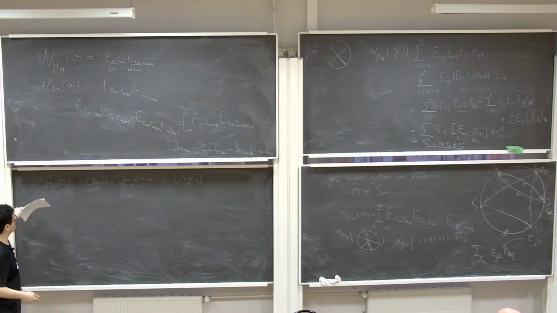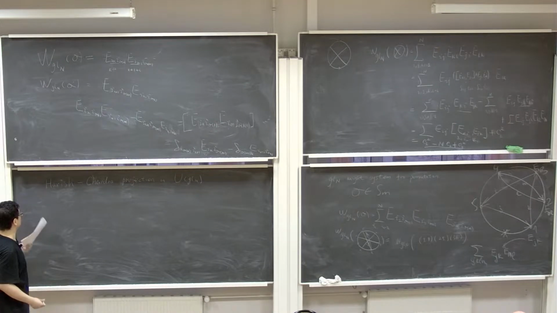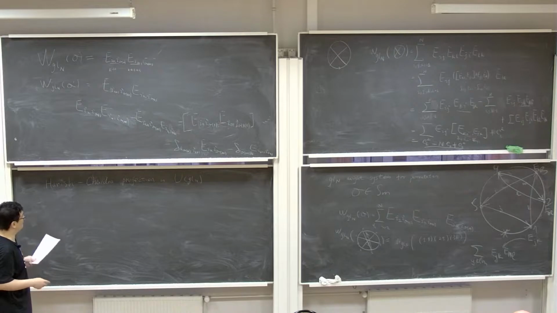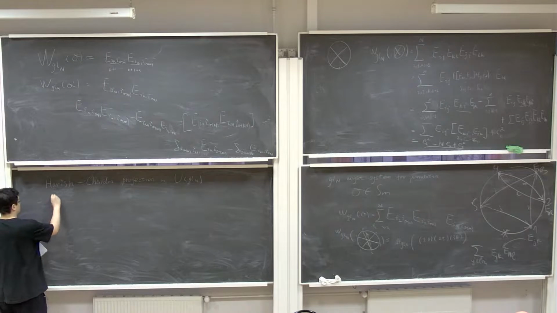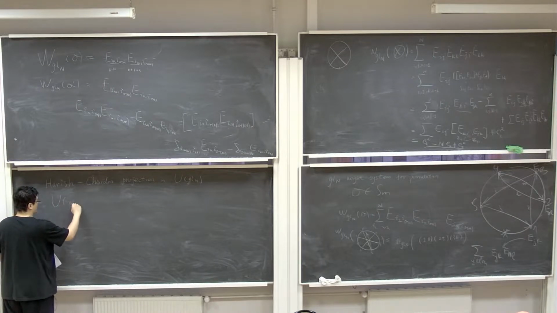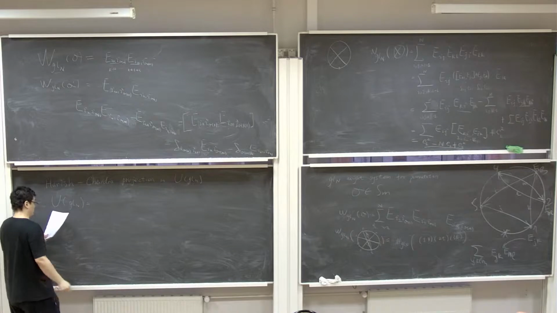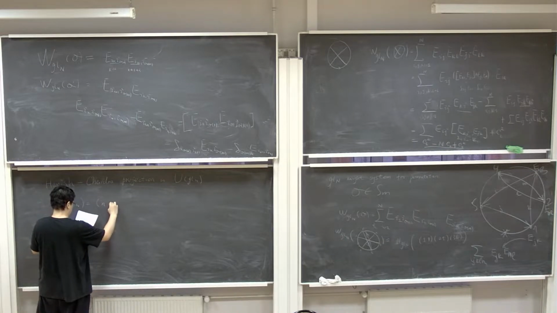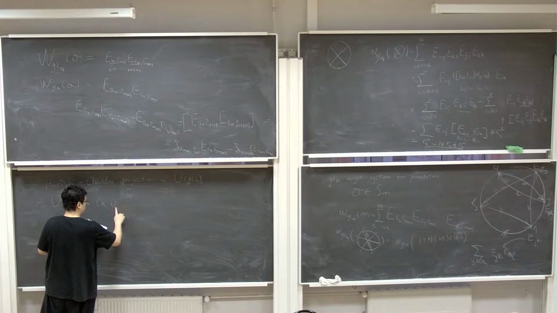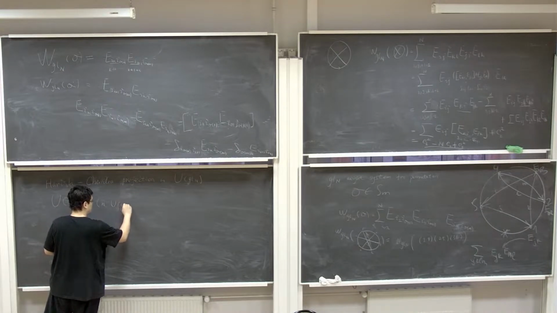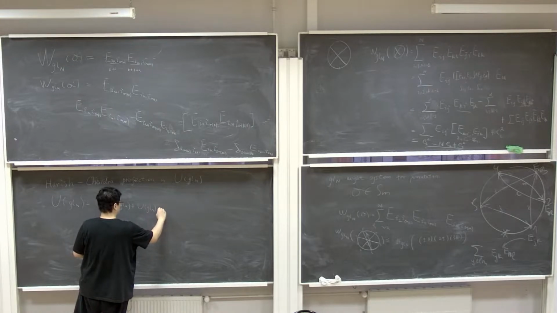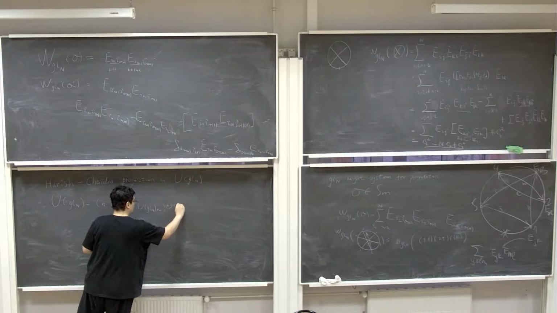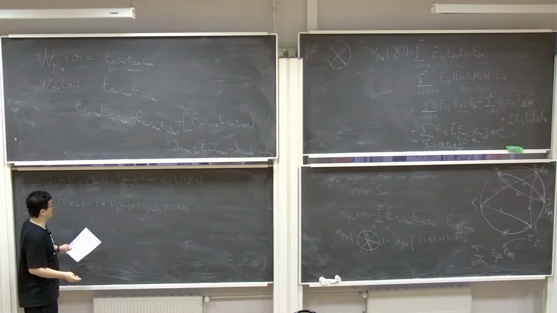Next I'm going to talk about another approach to the GL weight system. It's based on this Harish-Chandra projection. The definition of this projection is, we know that the universal enveloping algebra of GLN, you can write it this way: n minus, H, n plus.